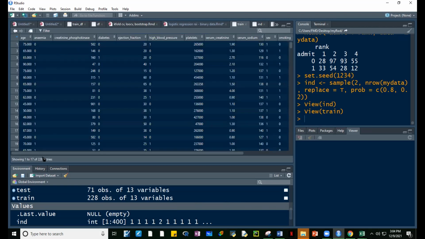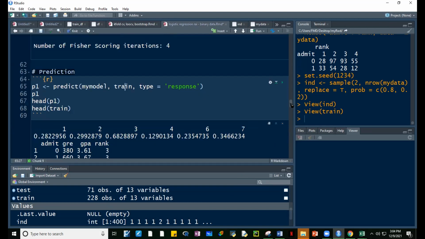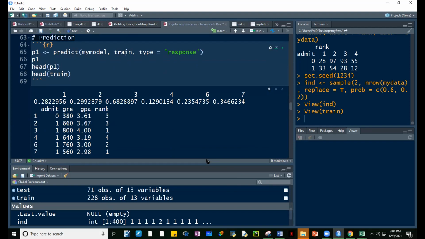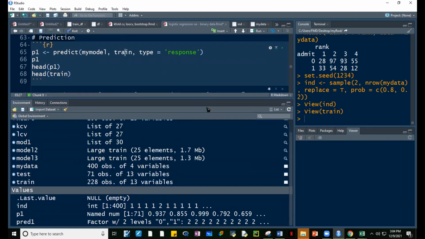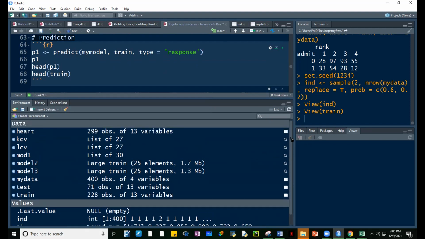You have 228 observations. Oh wait, wrong. Sandali. Oh, no, sorry. Here is the train data. Our train data is... okay, no. Did I run it already?